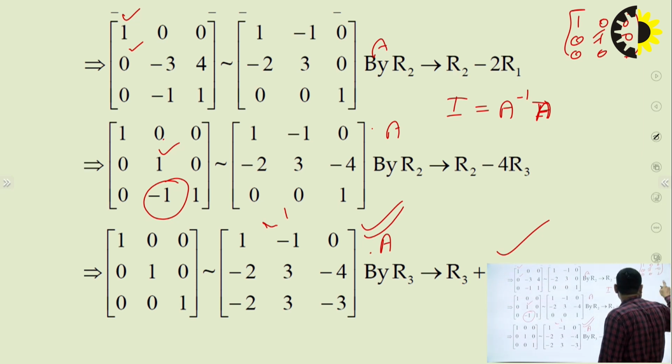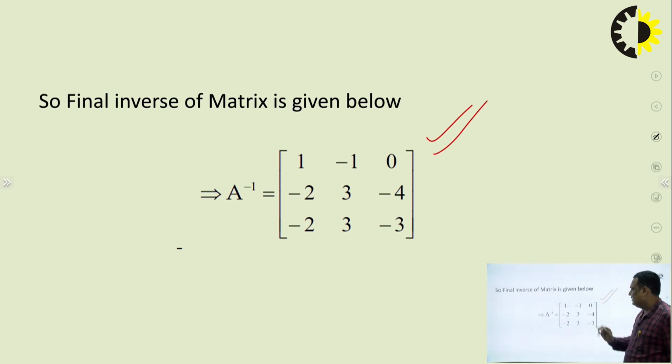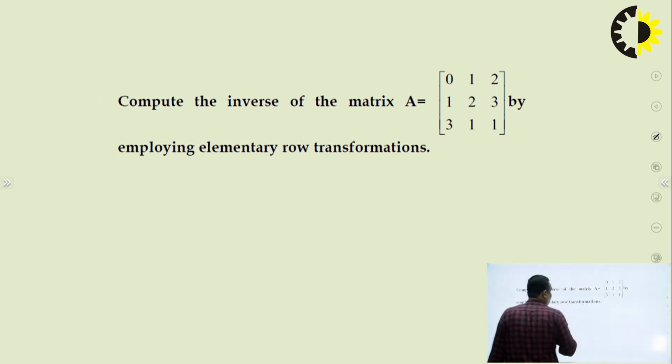So here A inverse, the main result for inverse of matrix is this one, 1 minus 1 0, 2 minus 3 4, minus 2 3 minus 3. Okay, so final inverse of matrix. Now next example.